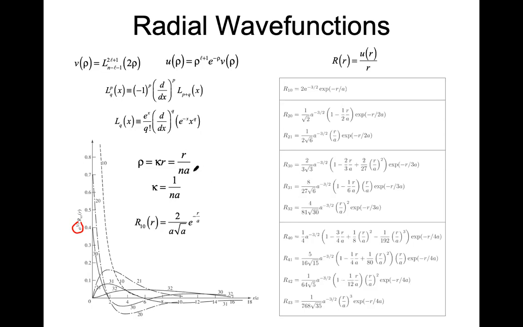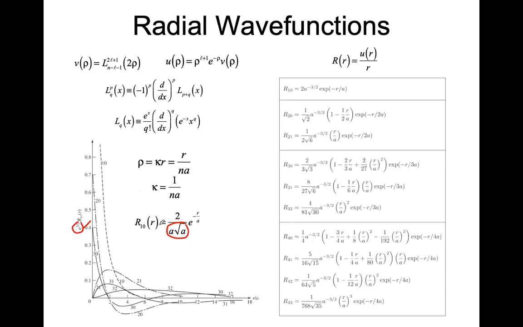And just to remind you what rho is, R over NA. A is the Bohr radius. N is the principal quantum number. And remember, the first one had the square root of A, and so do all the rest. And so that's why they're plotted not as R's themselves, but as R's times the Bohr radius to the 3/2 power. And so then it's kind of normalized to that scale.